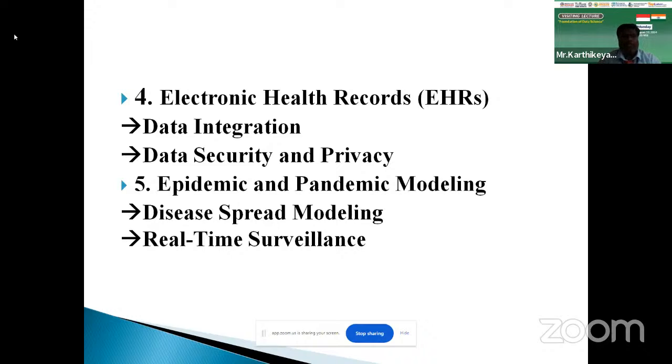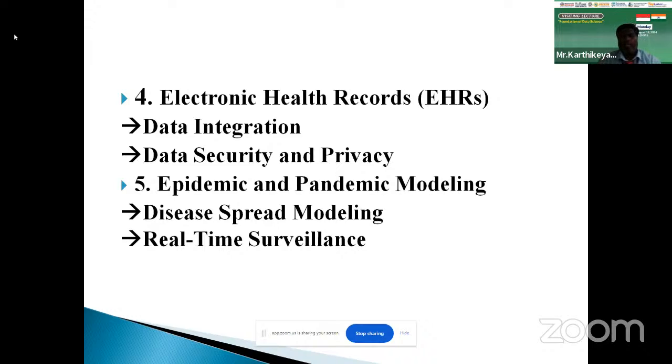And for data security and privacy of EHR, distributed computing ensures secure and efficient management of sensitive health data using encryption and access control mechanisms to protect patients' information.